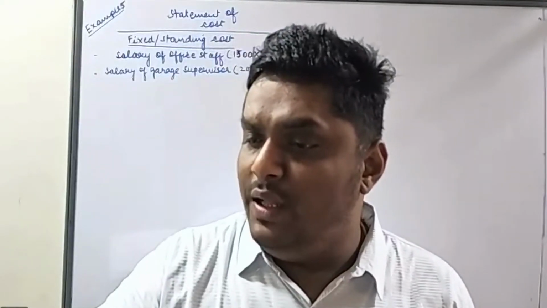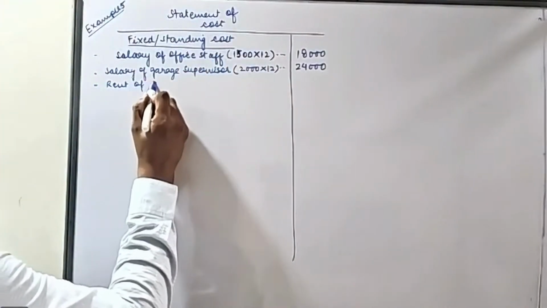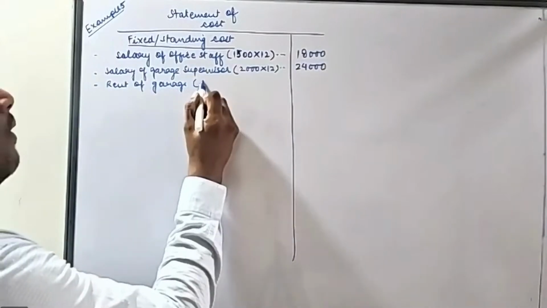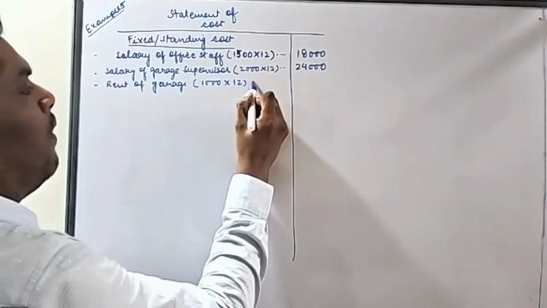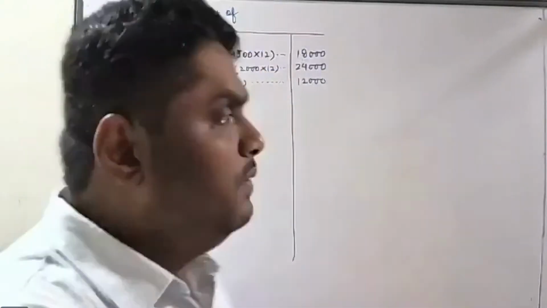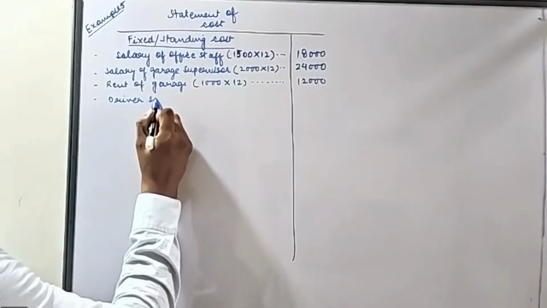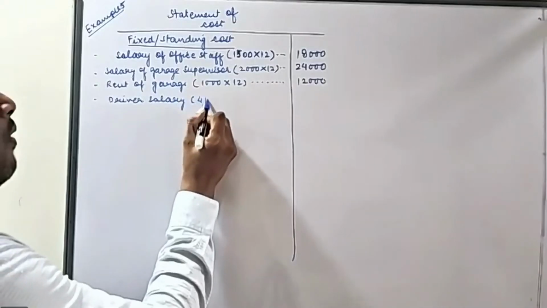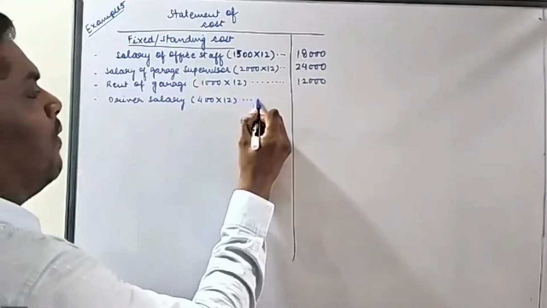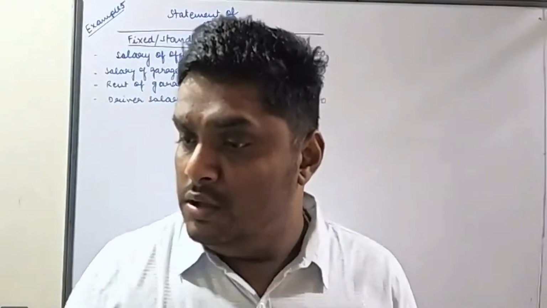Now, rent of garage, it is 1,000 per month. Driver salary per taxi, it is 400 per month. Road tax and repair. Sorry, 1 second.